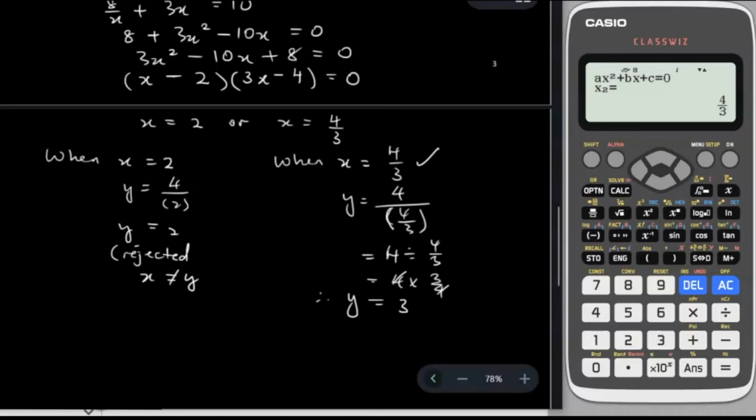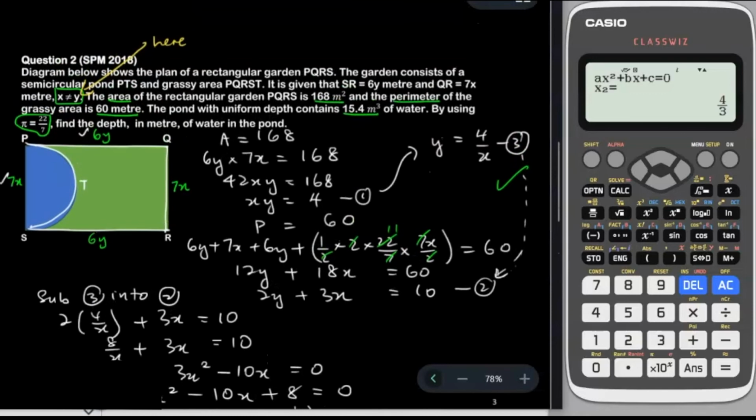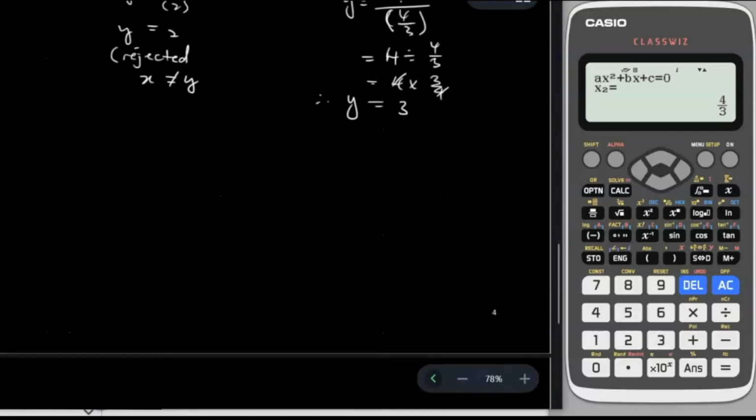So let's look back at the question. Here the pond with uniform depth contains 15.4 meter cube of water. So which means that this is actually a semi-circular cylinder, half of a cylinder. So half a cylinder volume is 15.4. So we're going to put into the formula.